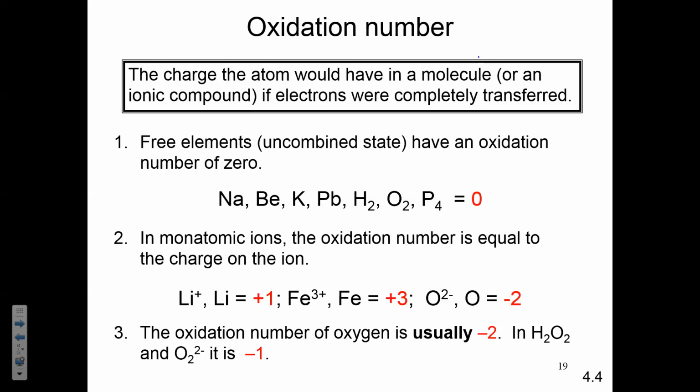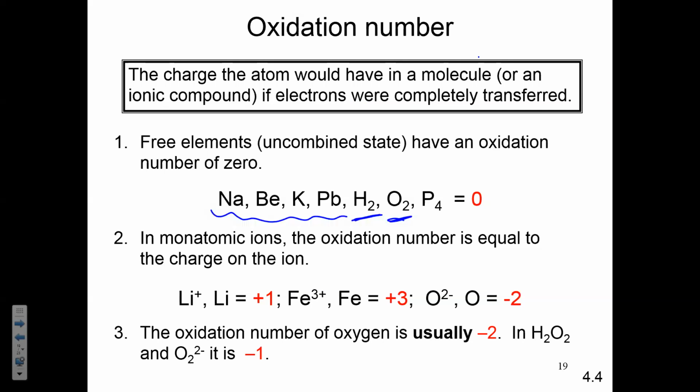This includes things like this hydrogen, H2. It is completely by itself, even though there's a partner. We call it a free element, so it would have an oxidation number of 0. O2 is going to have an oxidation number of 0. Any of these, Na, Be, any of the elements within any equation that are by themselves are going to just automatically get an oxidation number of 0.